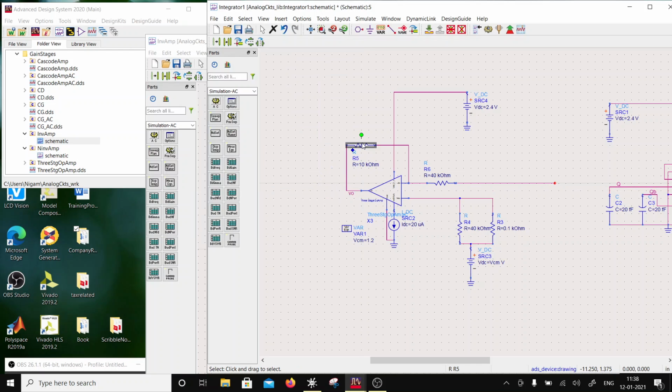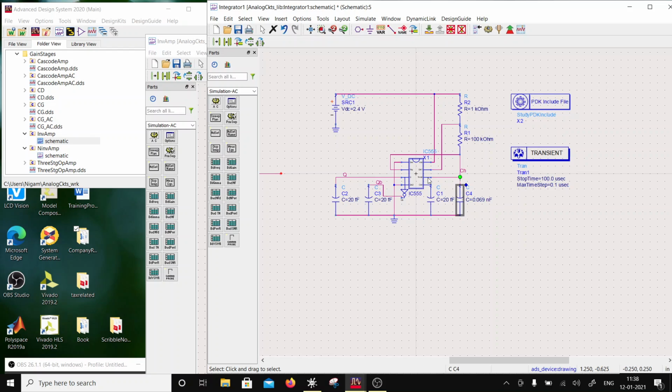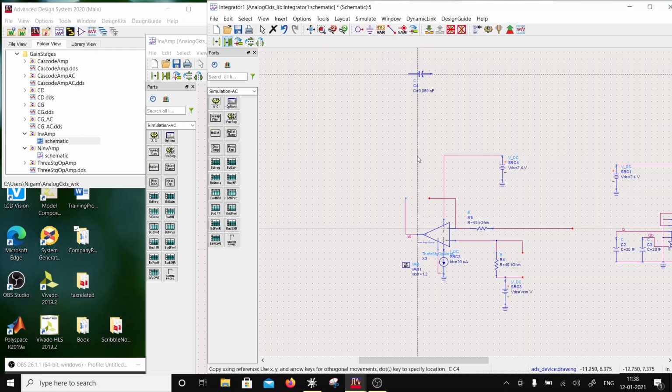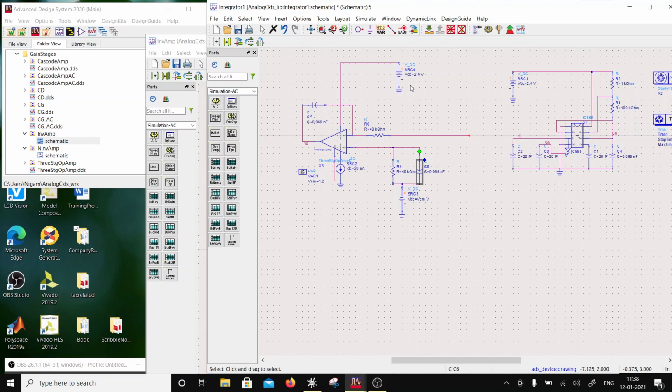Instead of this, I'm going to put a capacitor, which is the same size capacitor as this one over here. I'll copy this one, rotate it, place it here, then make a copy of this again and place it over here. Okay, so now this is set.